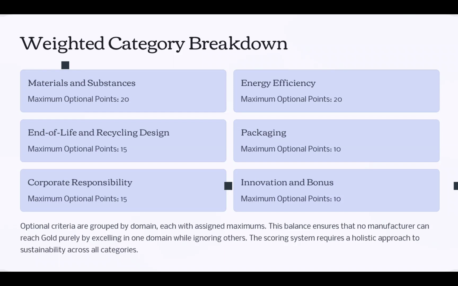These caps keep the scoring balanced so no single category can dominate. So you have to do well in multiple areas to get a gold. The setup encourages manufacturers to think about the whole picture, not just make one flashy change and call it a day.